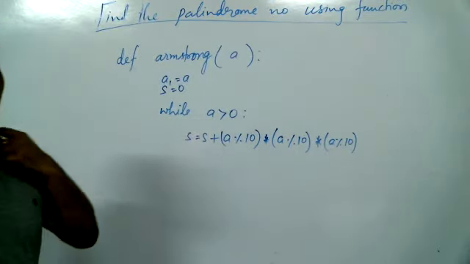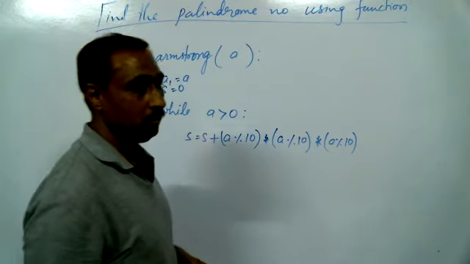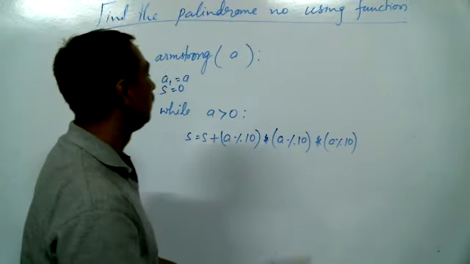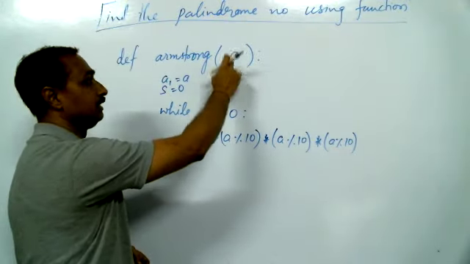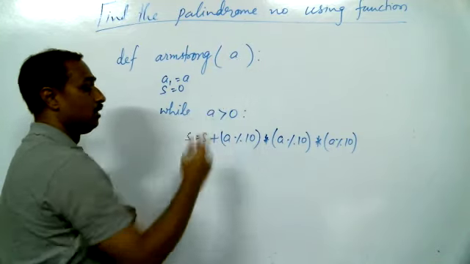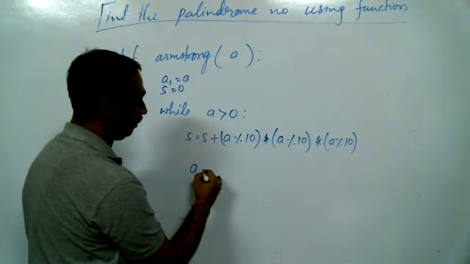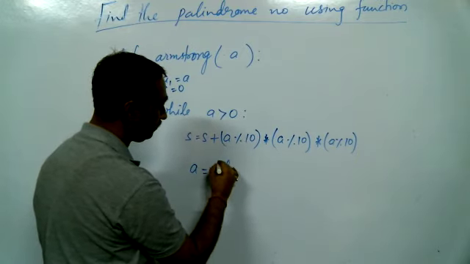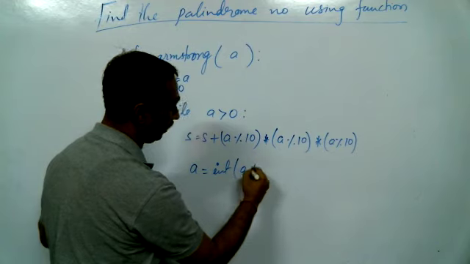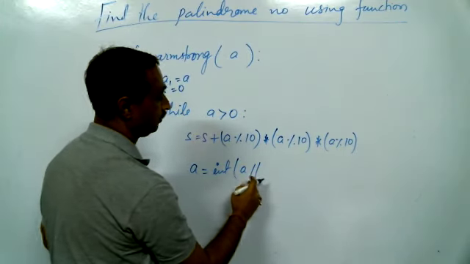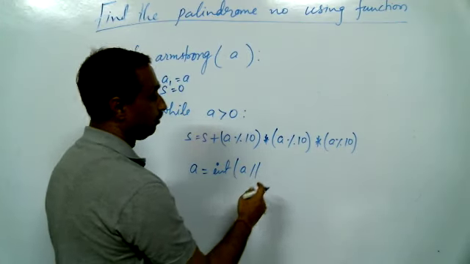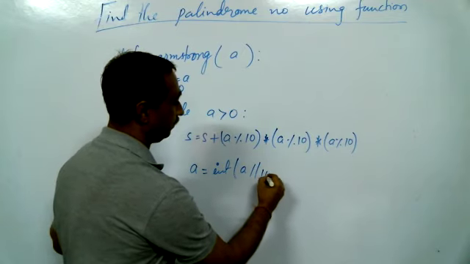After that, we have to remove the last digit from this number. So what we will do, we will use a equal to int a double slash 10, this is called floor division.